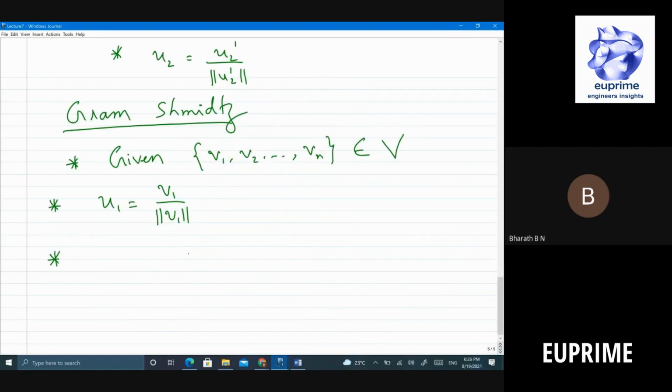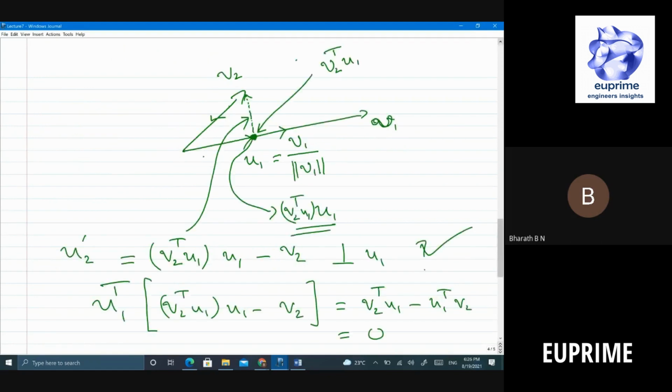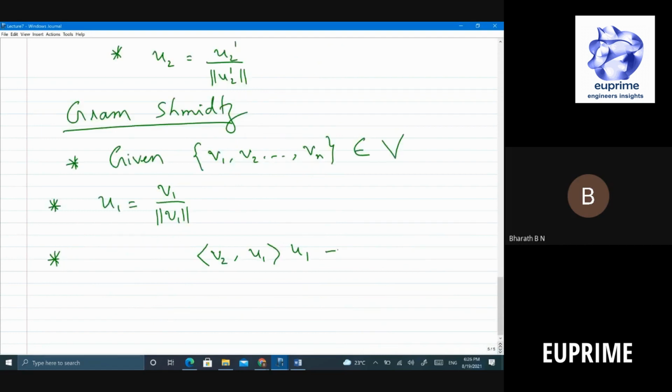So what is the first thing that I have to do? I have to take v2 inner product with u1 and go along the direction of u1, and subtract from v2, right? So this gives me u2 dash.